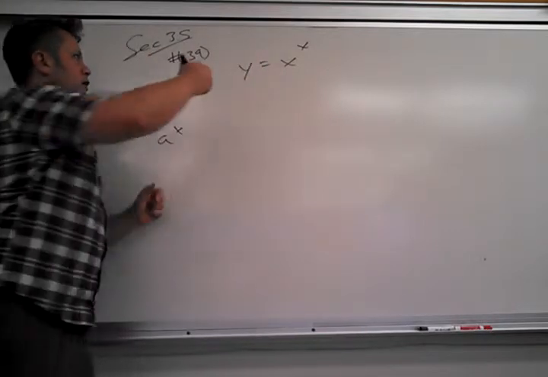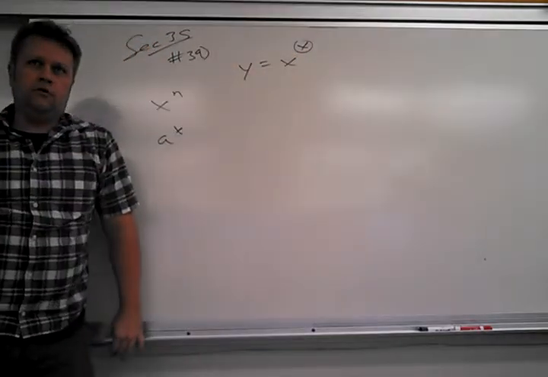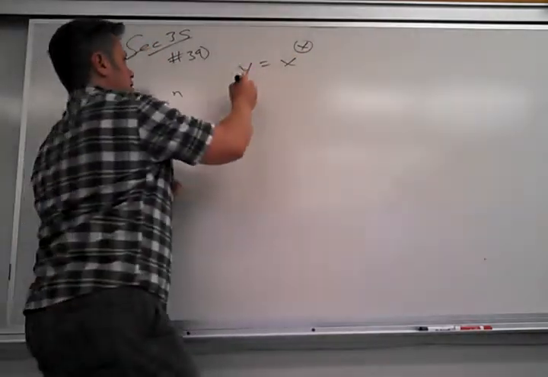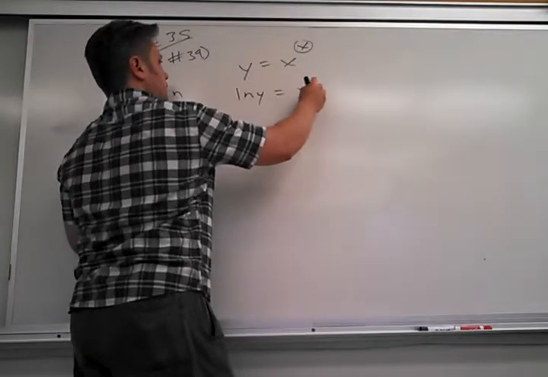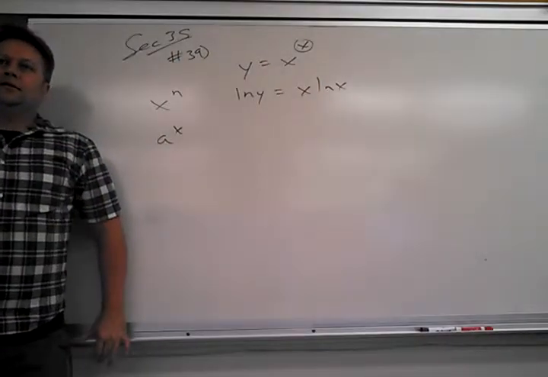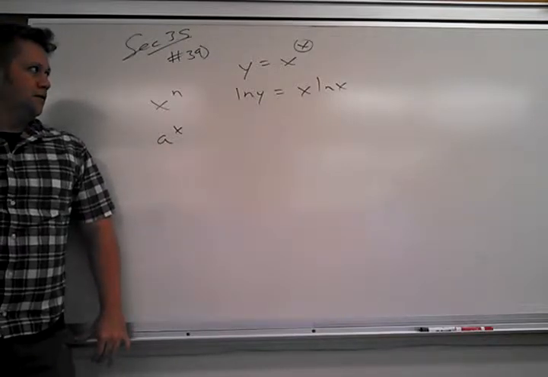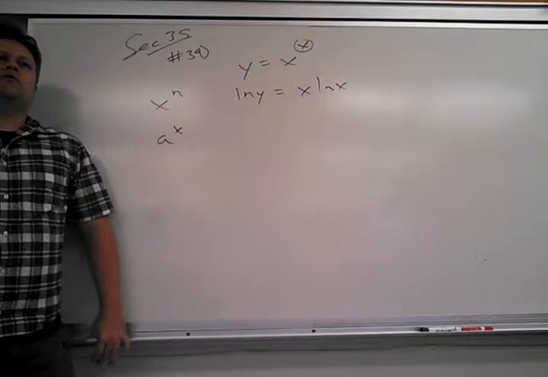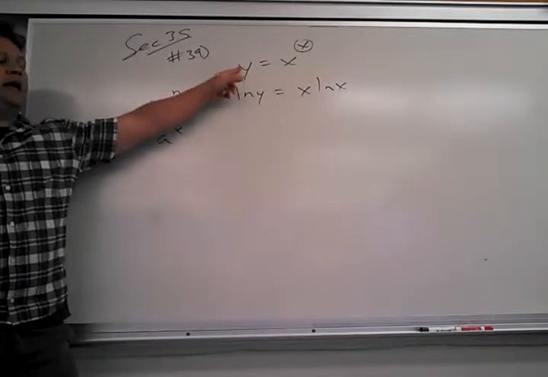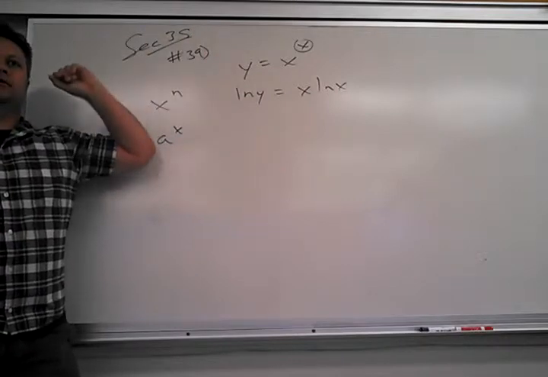So this is where I use, anytime I have something in the power that I don't want up there, log. In fact, everybody likes log. So if I do that, the x comes down. And now I can do this implicitly. That would be another situation where I have an explicit function of y, but I don't have a clue how to take its derivative.